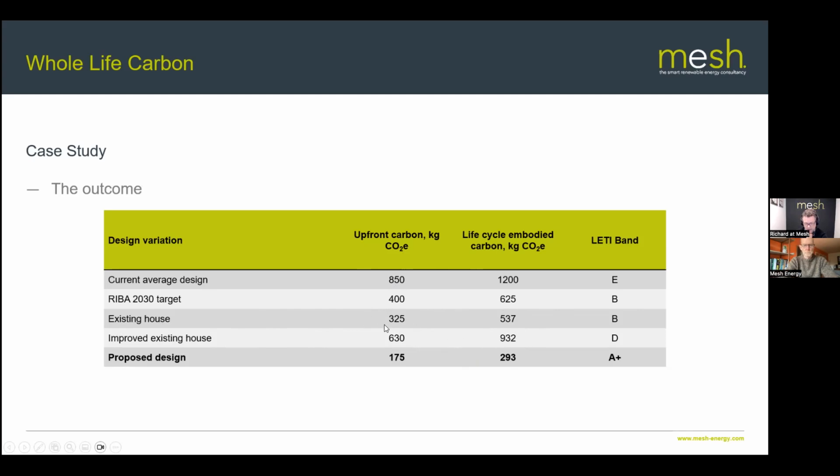So again, you can see on a very simple level, the improved existing house to get the thermal performance would actually have a worse whole life carbon outcome. And then by demolishing that building, treating the materials for the existing house, then we could really get the proposed design upfront, whole life carbon down, and we start to get into A-rated whole life carbon design.